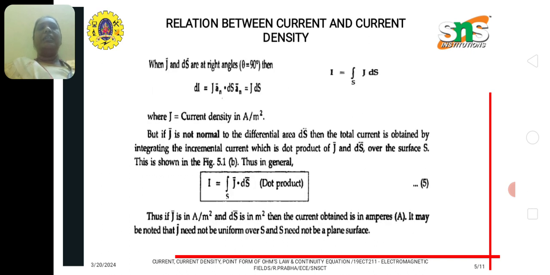The current is related with current density by the formula I is equal to the surface integral of J dot ds, that is the dot product between current density and surface, where the current density is in ampere per meter square.